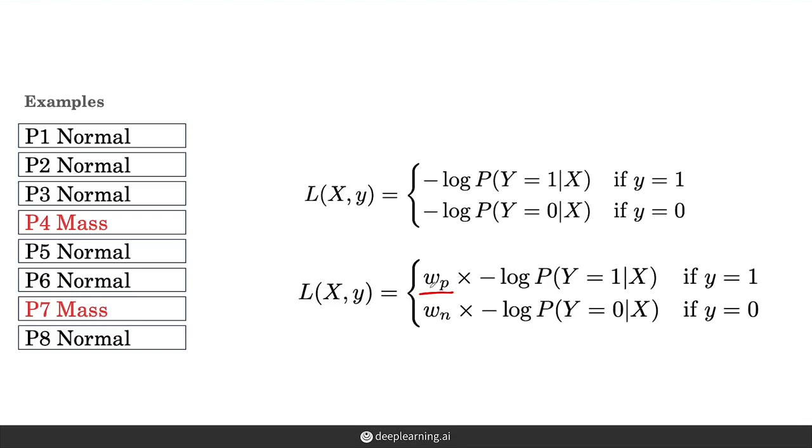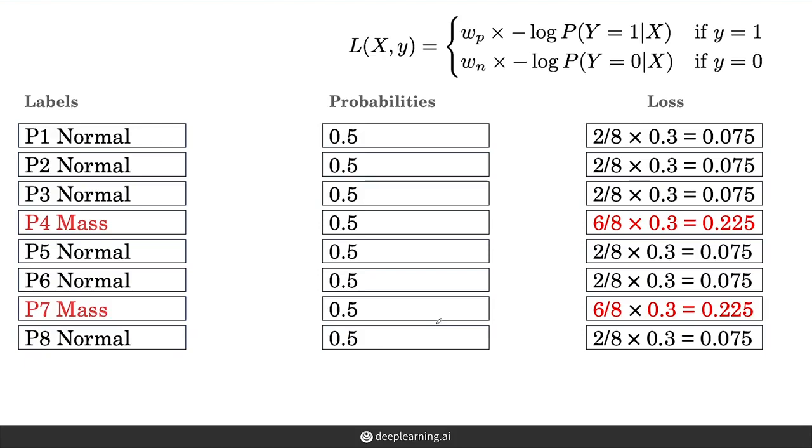WP will be the weight we assign to the positive or to the mass examples, and WN to the negative or normal examples. Let's see what happens when we weight the positive examples more. We want to weight the mass examples more such that they can have an equal contribution overall to the loss as the normal examples.